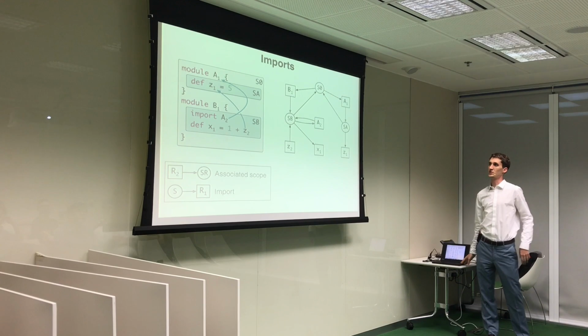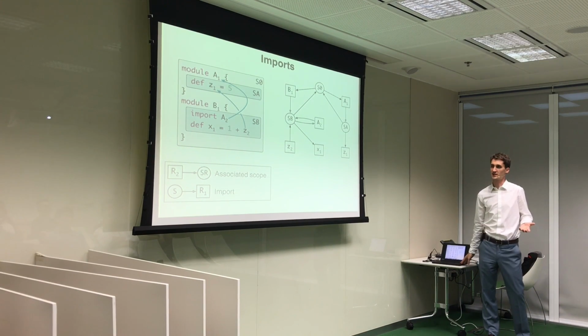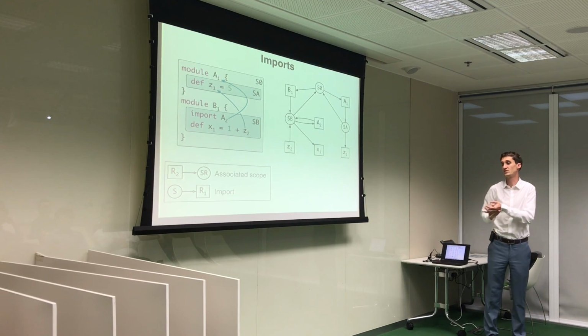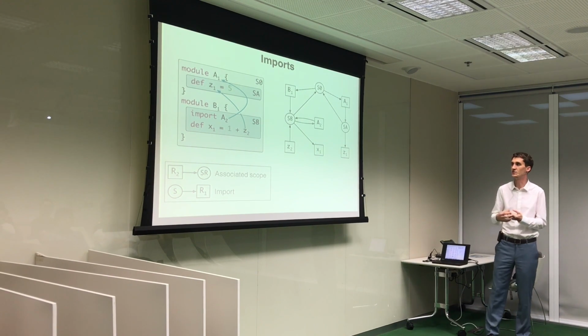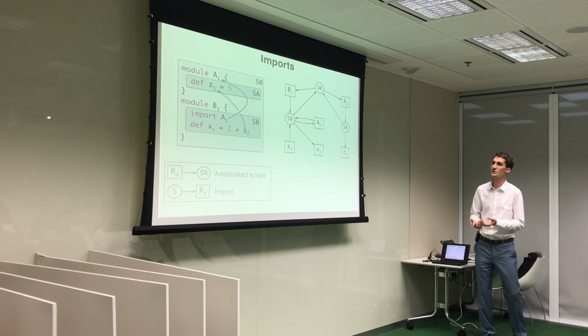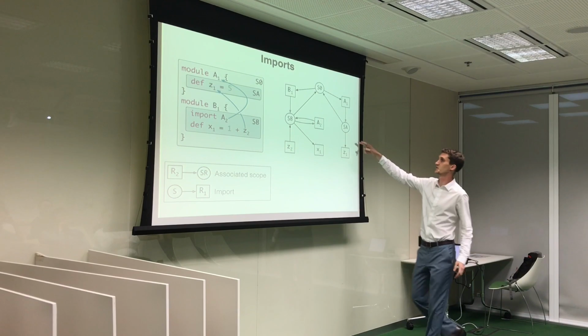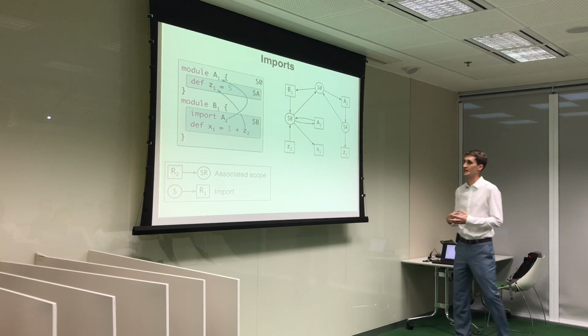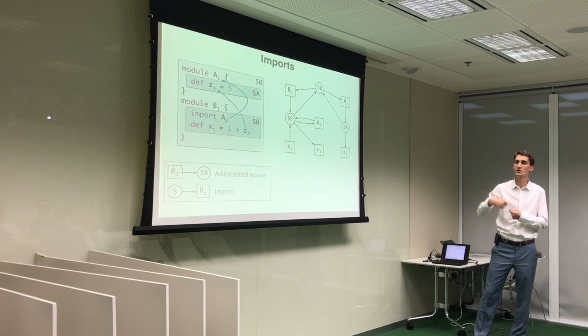Well, here again we introduce two more arrows, the import and the associate. The associated scope means that you can associate a scope to a variable definition. So here the definition A1 has associated scope SA that contains the definition of Z.